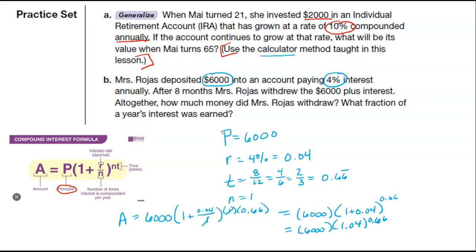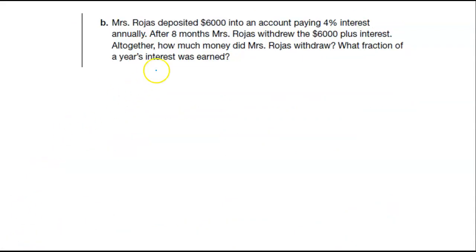Times 6,000, and I get, as my answer, 6157.34. Am I right? Yep, that is correct. What fraction? This goes here, and this is what she withdrew. Yay.